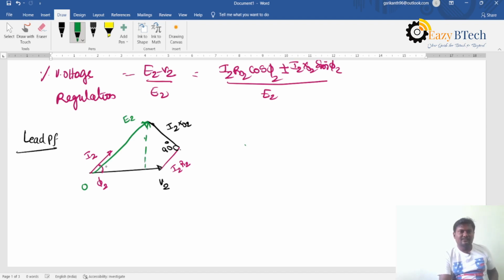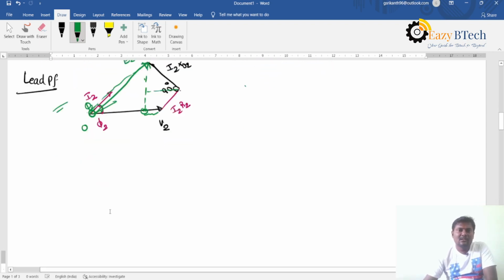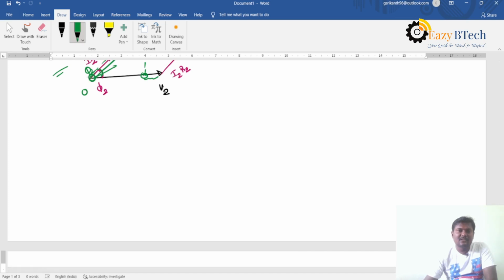So project this. From this we are getting the formula: I2 R02 cos phi 2 minus I2 X02 sin phi 2 divided by E2. That is for leading power factor. With respect to V2, I2 leads at an angle of phi 2, and the E2 should be like this. Okay, this is the voltage regulation of a single phase transformer.